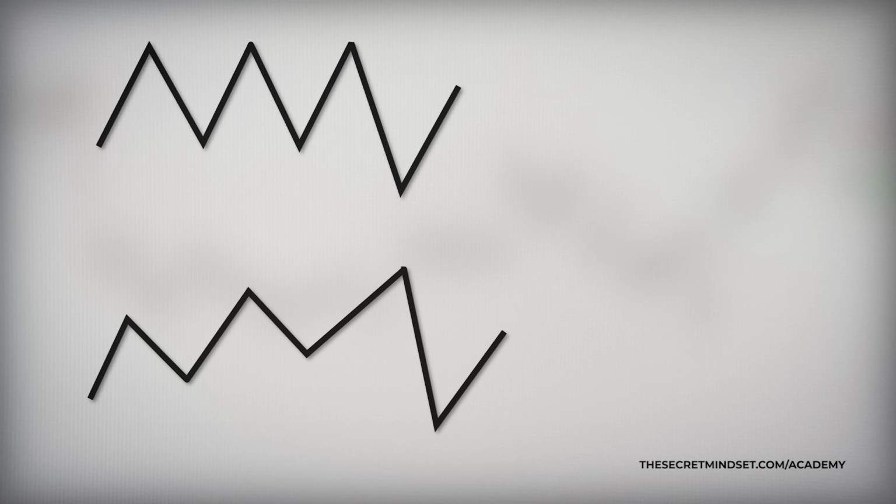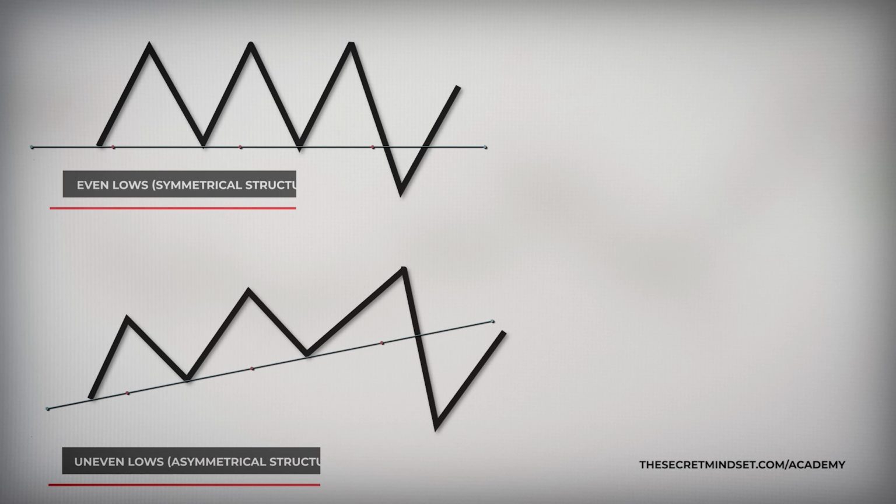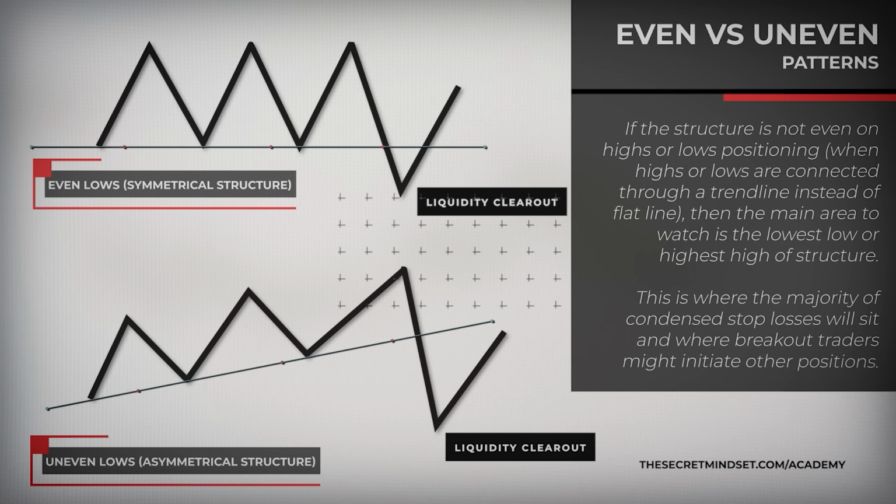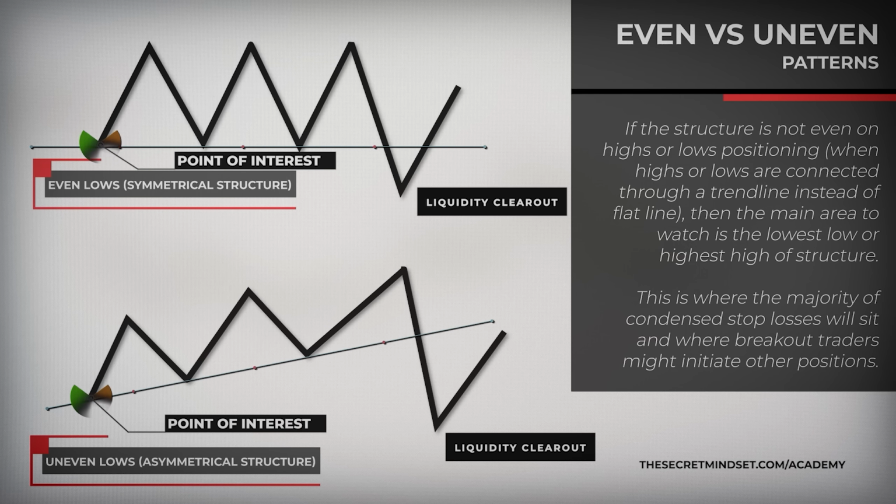If the structure is not even on highs or lows positioning, for example, when highs or lows are connected through a trend line instead of a flat line, then the main area to watch is the lowest low or the highest high of the structure. That is where the majority of condensed stop losses will sit and where breakout traders might initiate other positions.